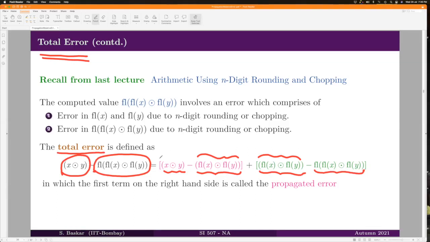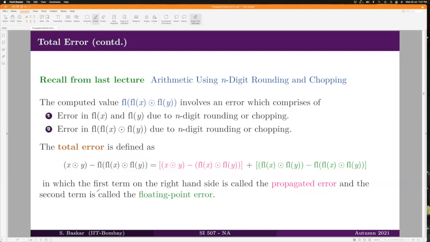In this, the first error is called the propagated error because this error happened in our first step and that is sitting in your final answer anyway, right? Therefore, we call it the propagated error, and the second term is called the floating point error.